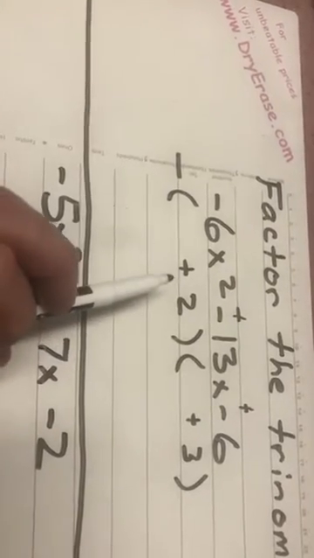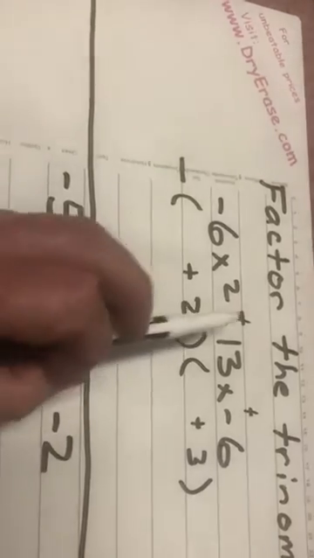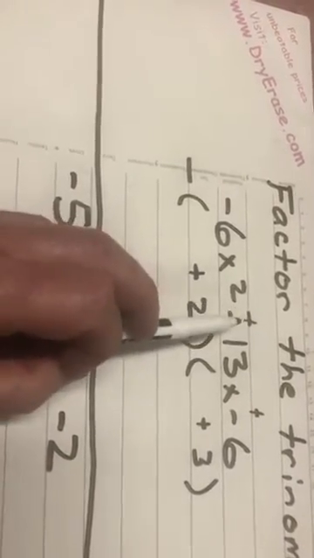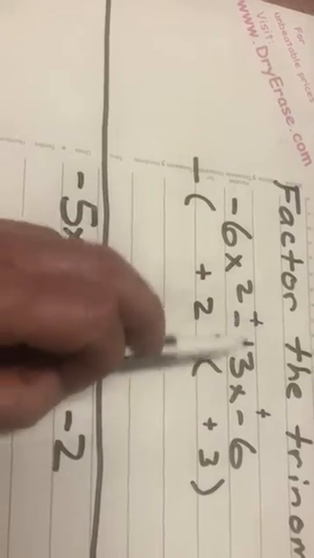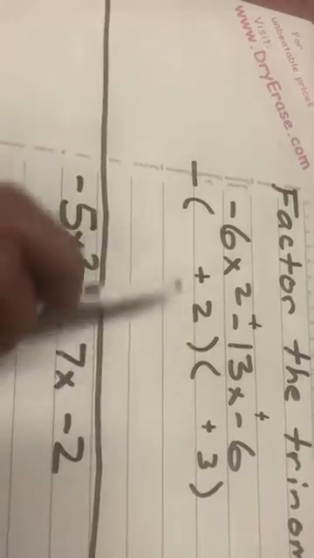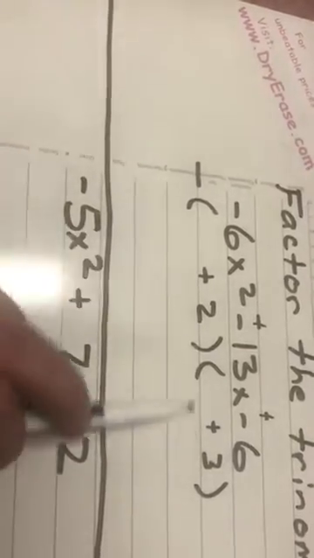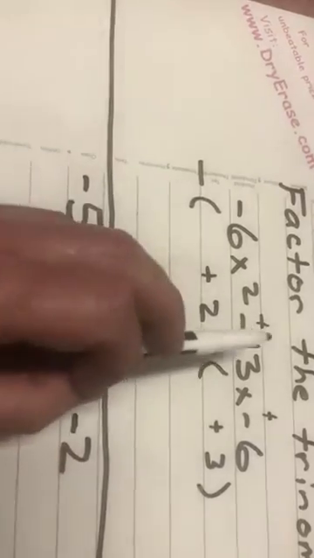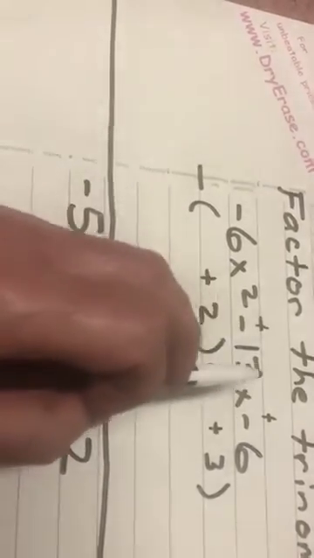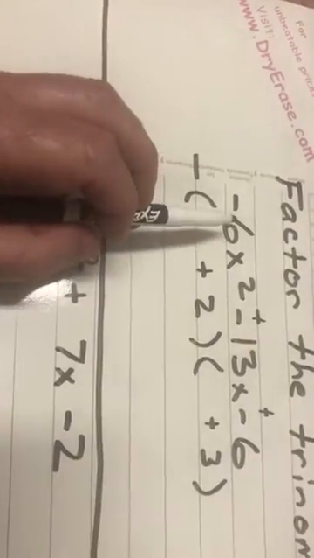I could also have a negative 2 and a negative 3, but there's no way this can be two negatives because added together, it has to be a positive 13. So I don't even have to worry about putting the negatives. That's just more work because when I do the outer and the inner, I realize this has to add up to a plus 13.